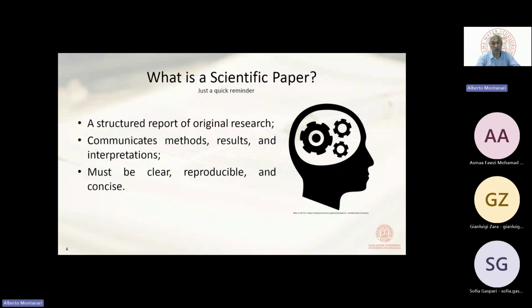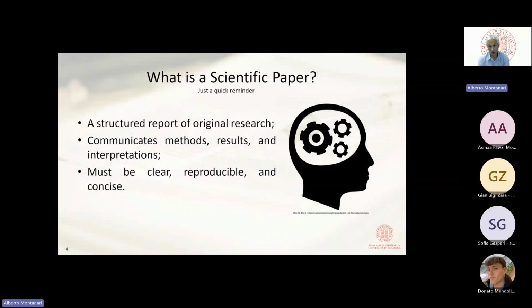And then there might be also contributions which give some level of originality in the synthesis of the literature. A typical example is review papers. Review papers don't provide original results, original conclusions, but provide an original synthesis of previous contributions.